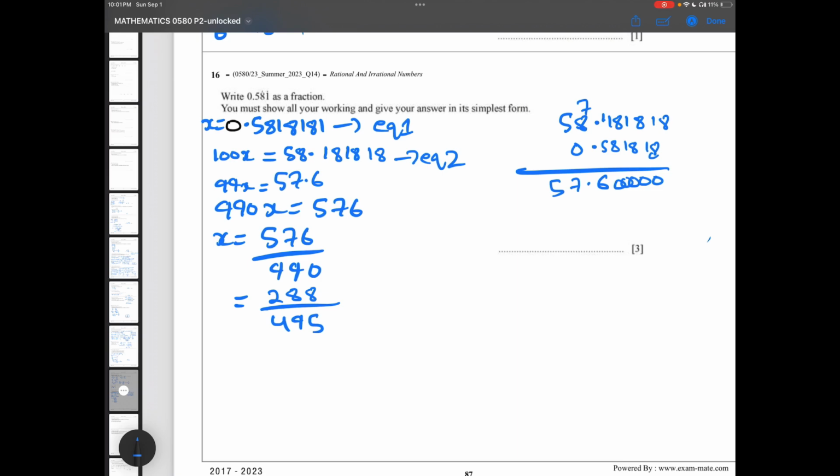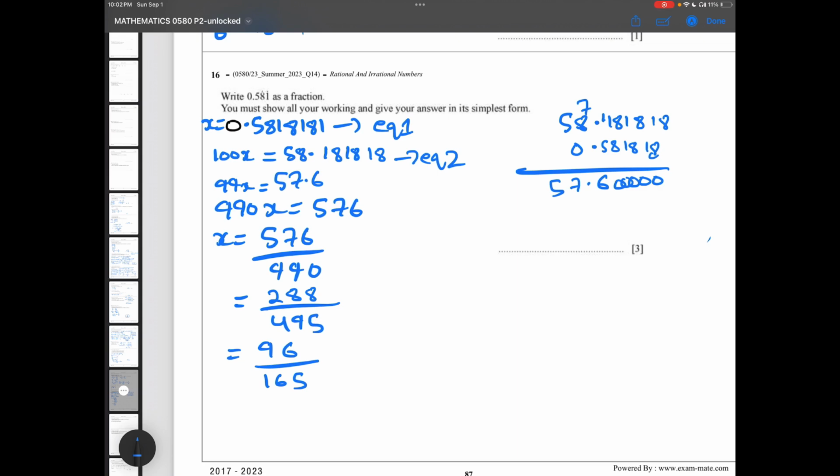These two numbers can be simplified with 3, right? So 288 divided by 3 is 96, and 495 divided by 3 is 165. Now we have 96 upon 165.